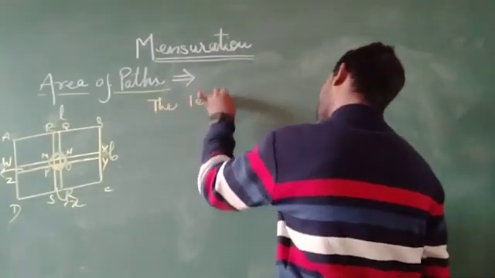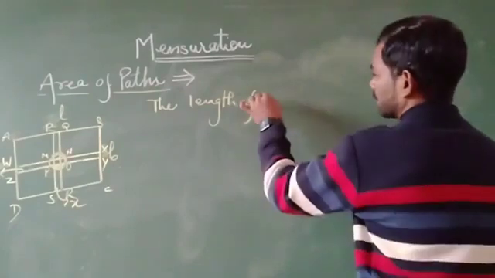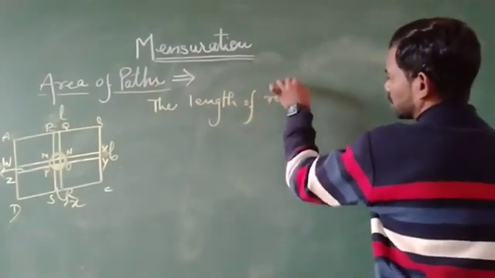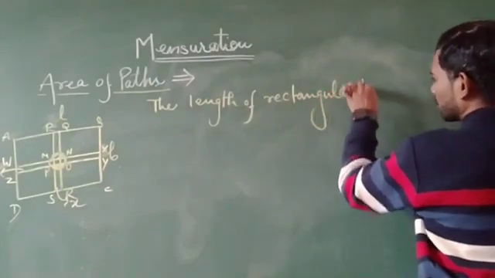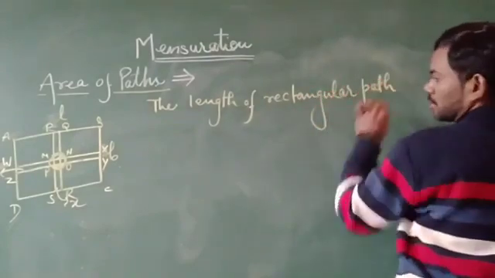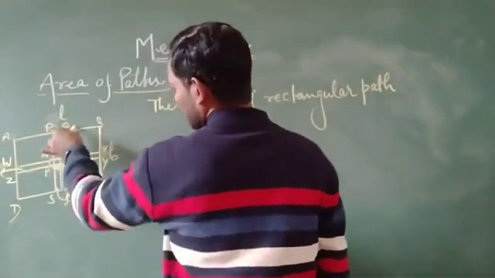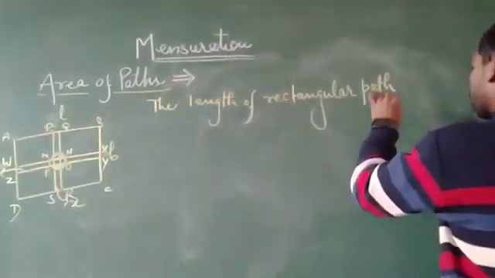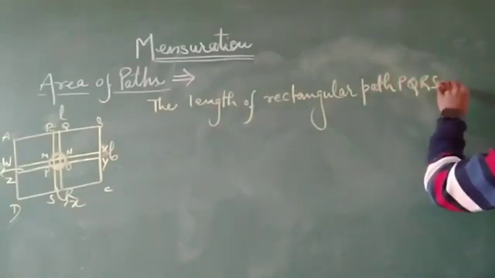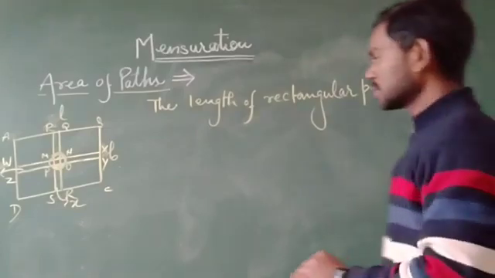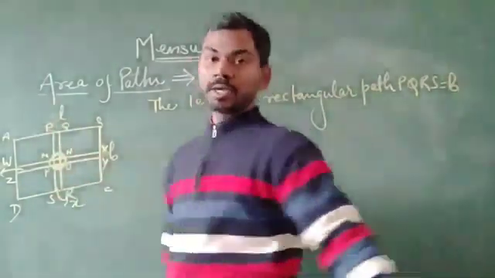So here the length of the rectangular path, here we are discussing the rectangular path PQRS, is equal to b, because this path is along the breadth of this rectangle.